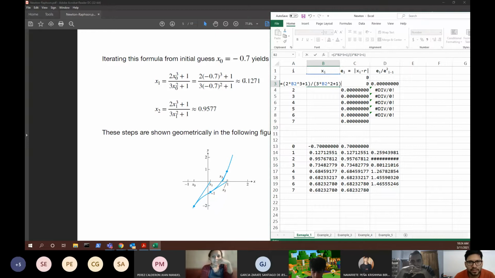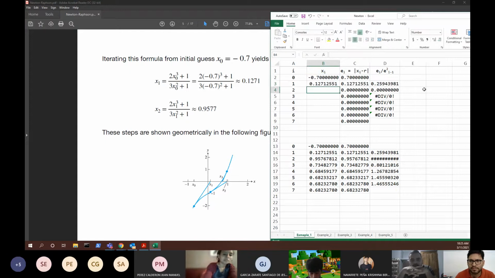So this is the formula, right? It is 2 times the previous value to the power 3 plus 1, divided by 3 times the previous value squared plus 1. Ta-da! There you go. You have 0.1271255. This is what you get in the first iteration.